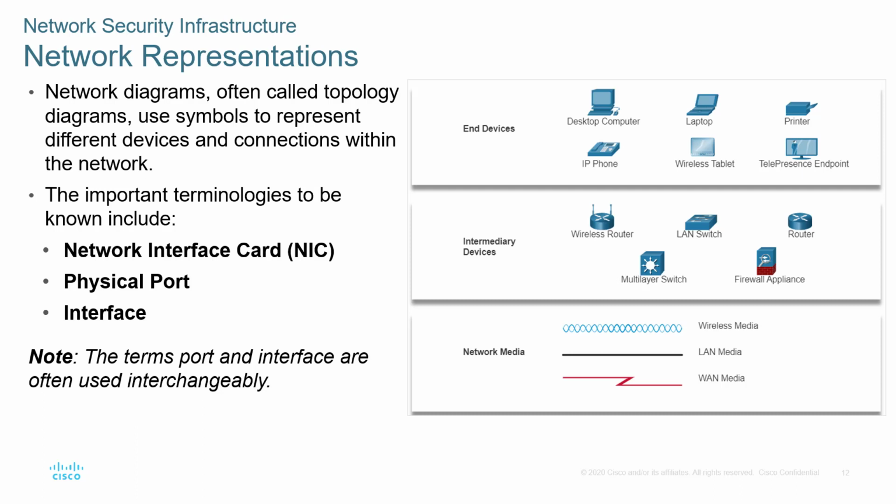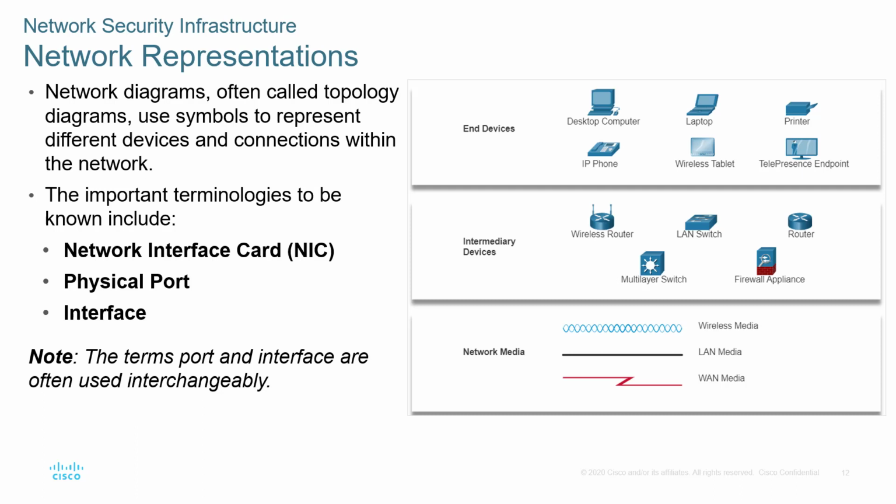But you also need to know three additional key terms. NIC, Network Interface Card. That's going to be the interface card that allows the device, the end device typically, to connect to the intermediary devices such as a switch. If it's a wired connection, you'd have a wired NIC.